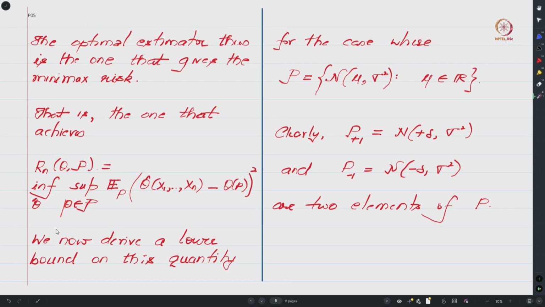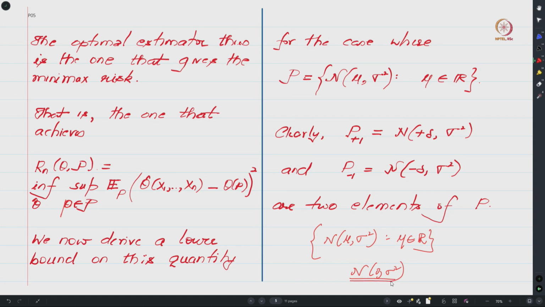Is this okay? So, if you have, let us say, a family of distributions, N of mu, sigma square over R. In this family, of course, one of the distributions is the Gaussian distribution with mean 0.